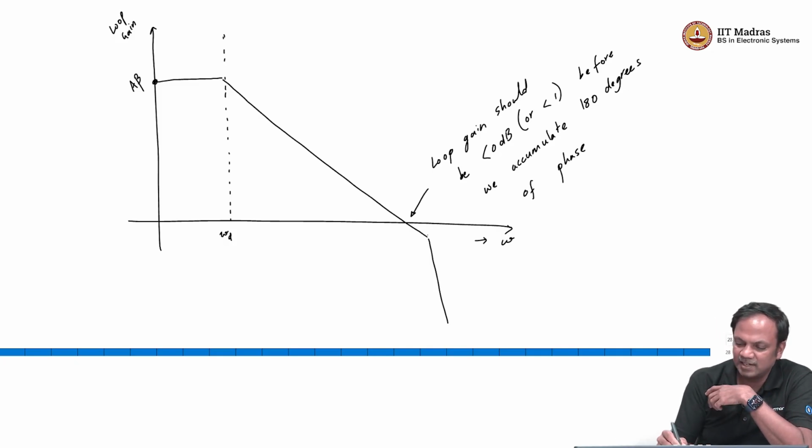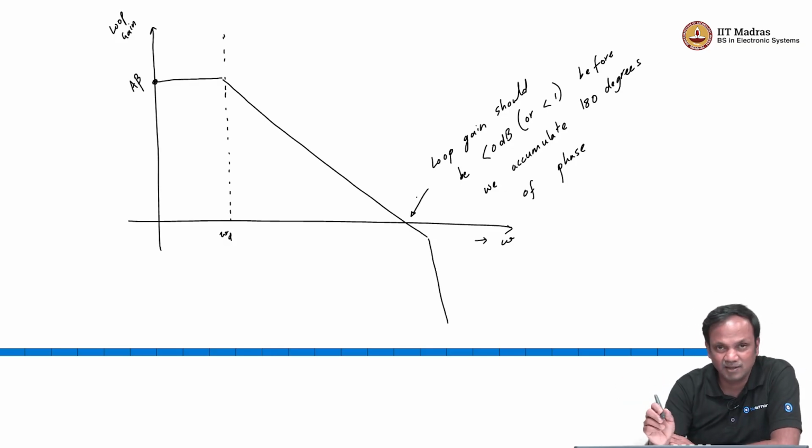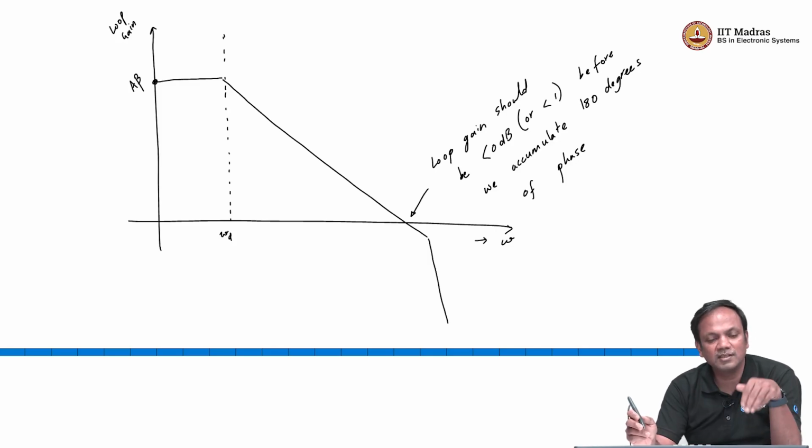That is why the second pole has to be located after the gain drops below 0 dB. So, now you can see that from the dominant pole the loop gain is constantly reducing.